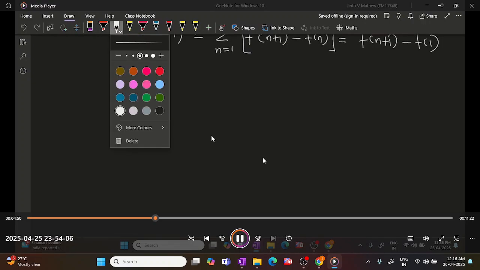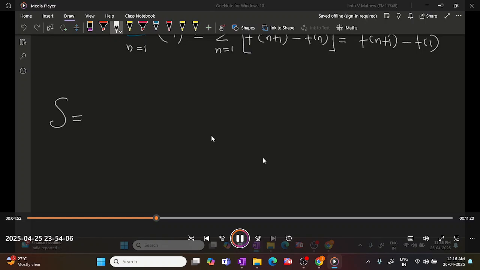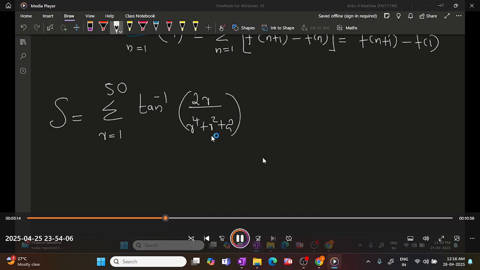So S is given as summation r is equal to 1 to 50 tan inverse 2r by r raised to 4 plus r square plus 2. Yeah. So in this case we can see that a summation is here. We are summing.